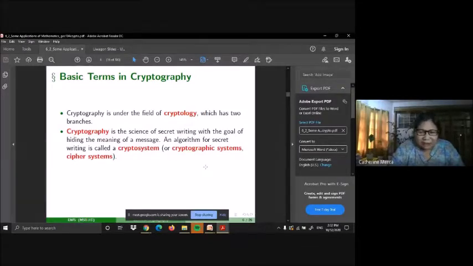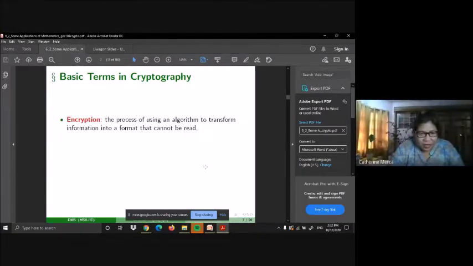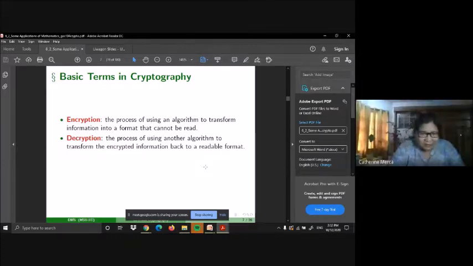Actually, this is a fun topic because we will decrypt and encrypt. Encryption is the process of using an algorithm to transform information into a format that cannot be read. But decryption is the process of using another algorithm to transform the encrypted information back to readable format.